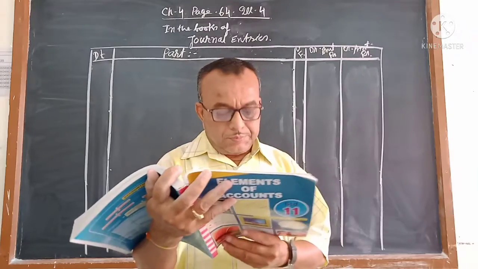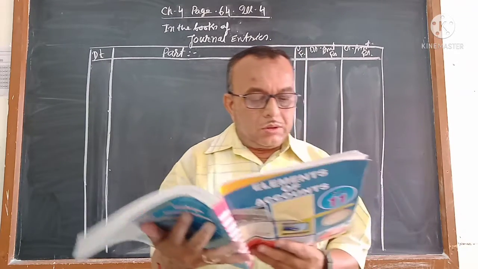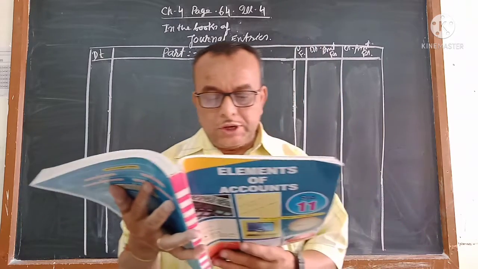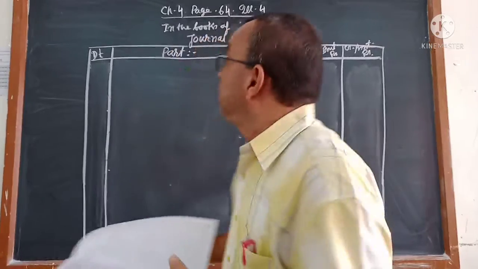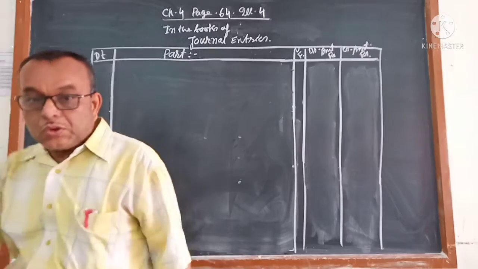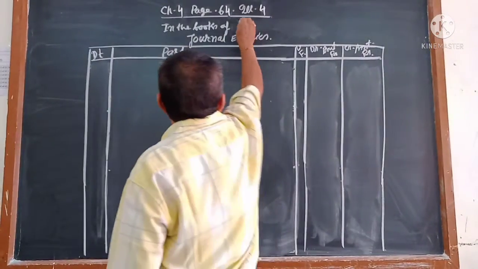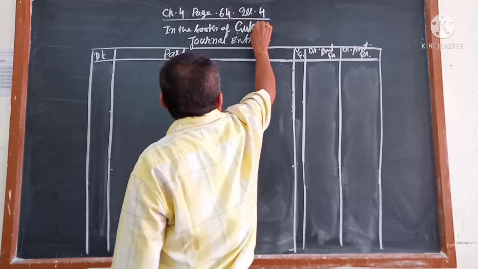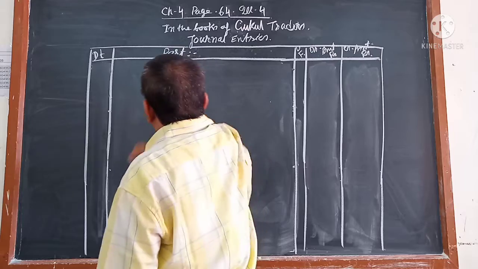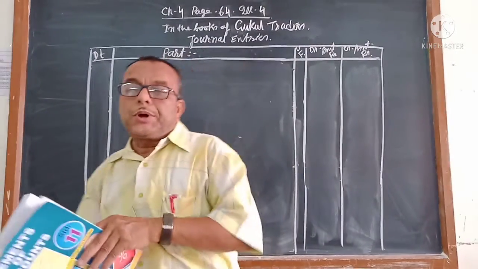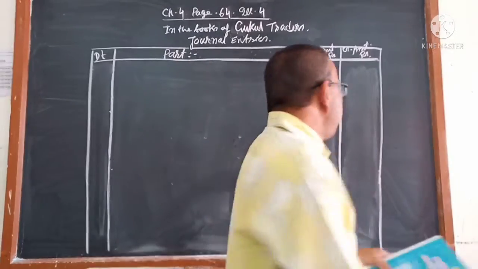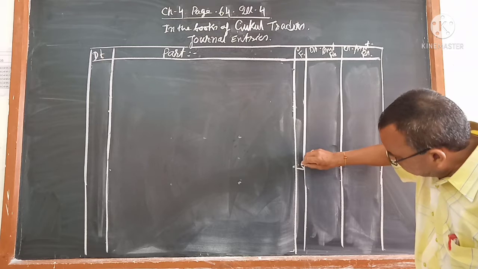Illustration 4, page 64, chapter 4: pass journal entries for the following transactions of Gokul Traders. We will write here in the books of Gokul Traders. Then we have the date column, particulars column, debit amount, credit amount, and the LF column, which is called ledger folio.